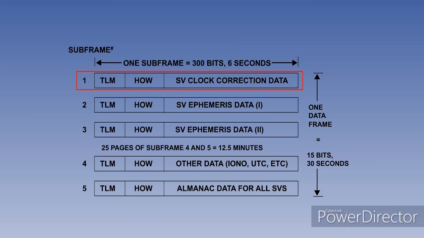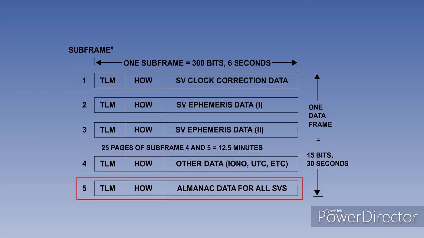Frame 1 contains SV clock error. Frames 2 and 3 contain the SV ephemeris, that is, its orbit parameters. Frame 4 contains data on the ionospheric propagation model, GPS time, and its correlation with UTC.